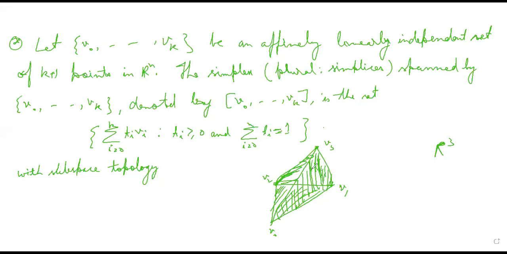So we are getting a tetrahedron, with 4 faces and 4 vertices, right? And this is actually the simplex spanned by V0, V1, V2 and V3.